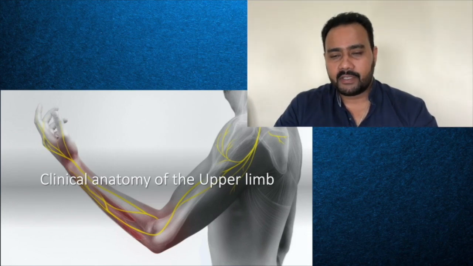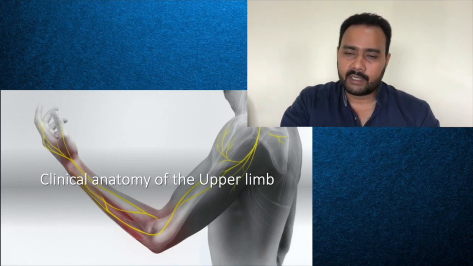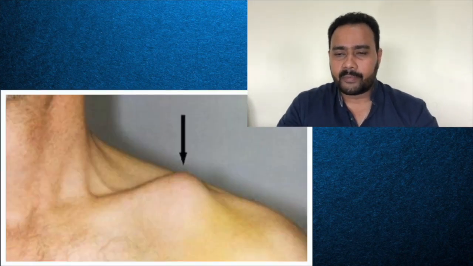So we have finished the clinical anatomy of the breast, and now the next thing is the clinical anatomy of the upper limb, right? So what are the important clinical implications we should understand? These are some patients. This is a 25-year-old person.